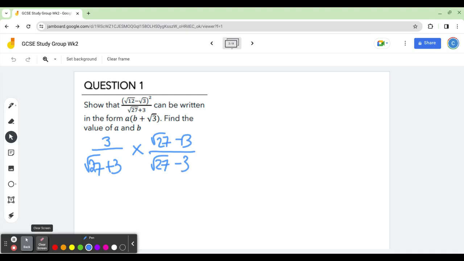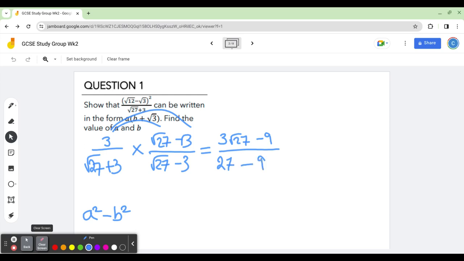Expanding that numerator, multiplying everything by 3, I get 3 root 27 minus 9 as my numerator. For my denominator, I'm going to use the standard solution of the difference of two squares, and that gives me root 27 times root 27, which is 27, and then 3 times negative 3 gives me negative 9.